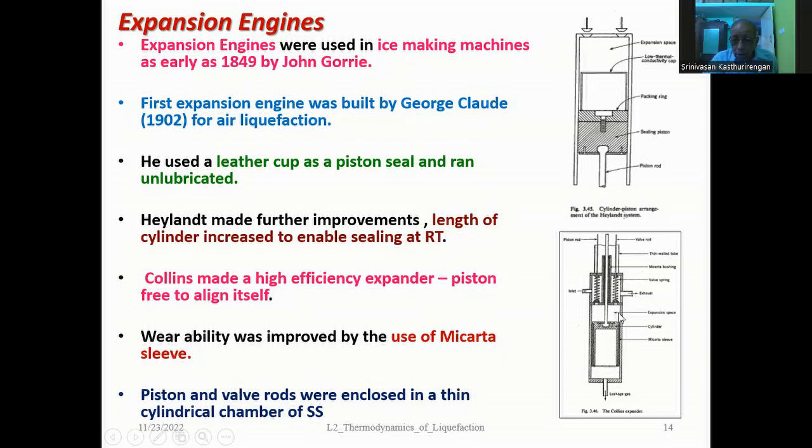The movement of the piston up and down is also connected to an appropriate cam arrangement so that the inlet and exhaust valves are properly opened. So this is one of the marvelous expansion systems which has been developed by Samuel Collins, which is being used even to date by many fabricators and suppliers of cryogenic plants.